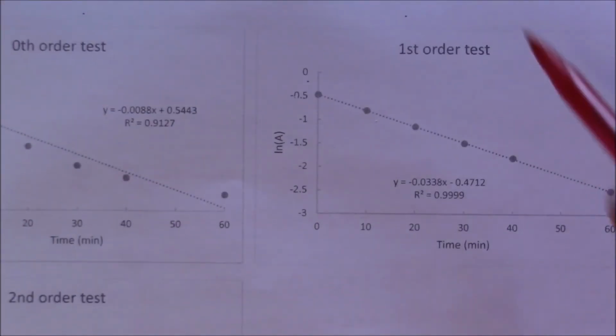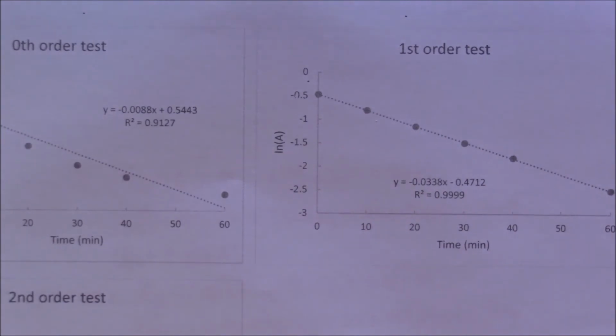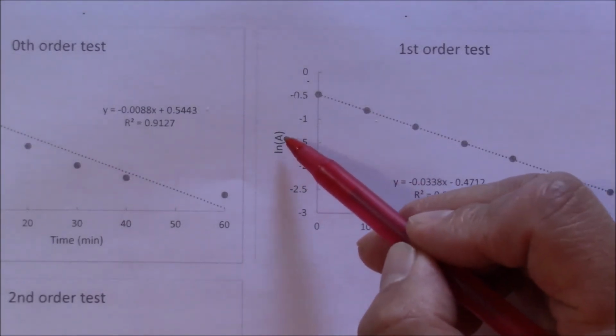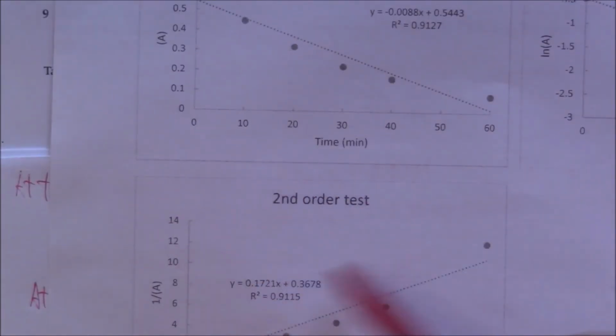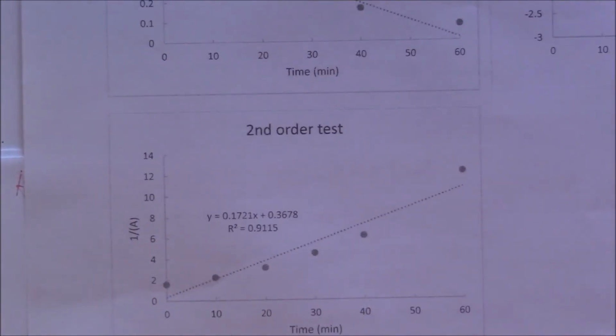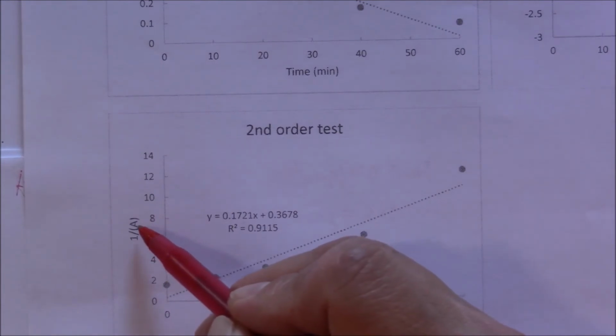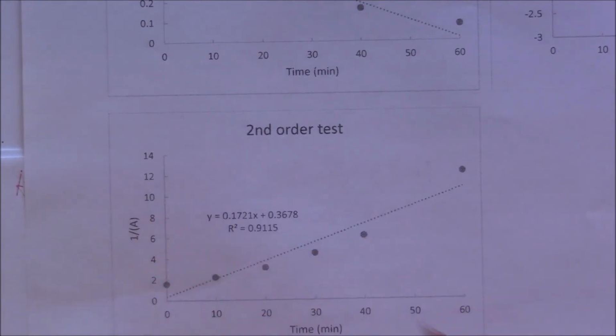To run the first order test, we have to plot the natural log of the concentration of A as a function of time. To run the second order test, we have to use the reciprocal of the concentration of A as the y-axis and the time as the x-axis.